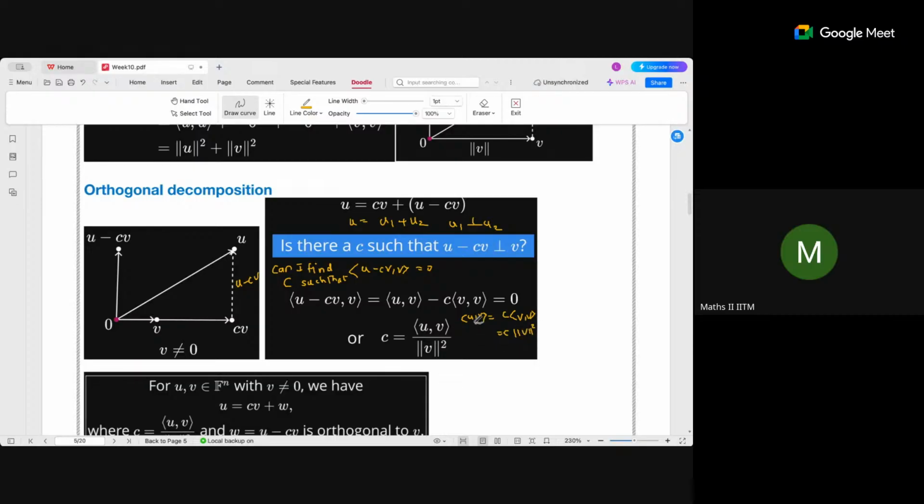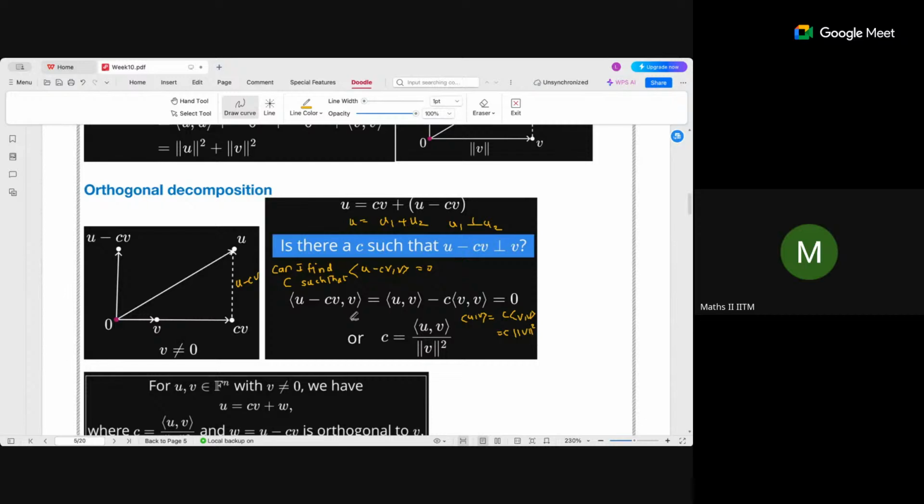So I can bring this to the denominator, and c is equal to inner product u comma v by norm v square. For this particular c, inner product u minus cv comma v is 0. Only for this c will we have this condition. So when c is equal to this value, v and u minus cv are orthogonal.